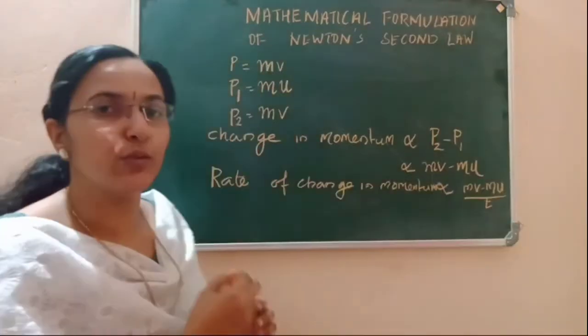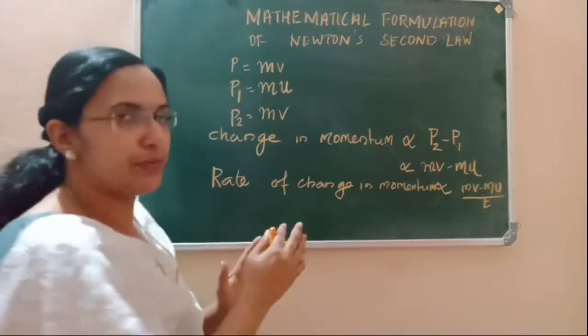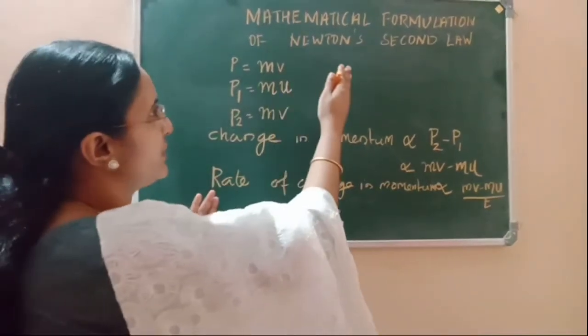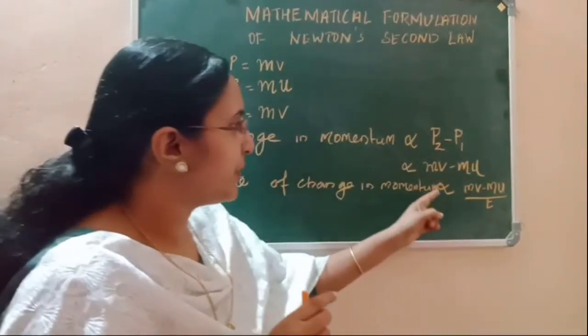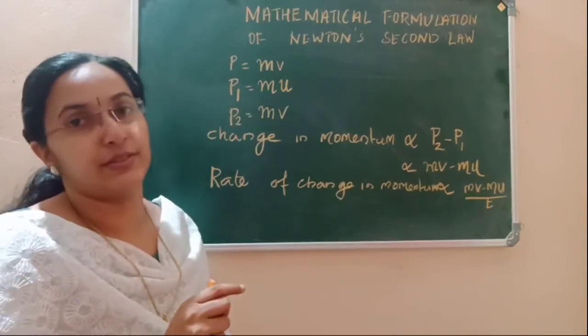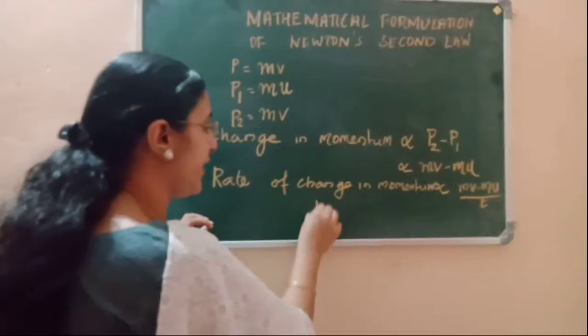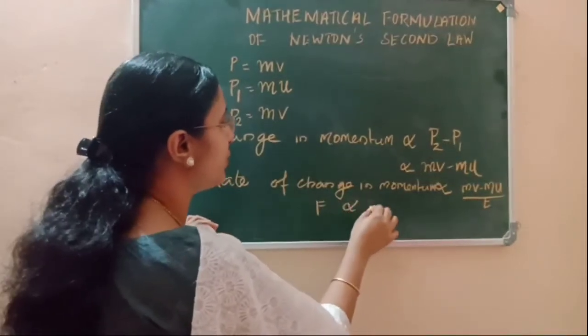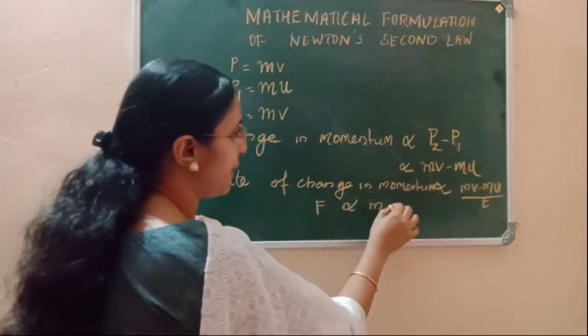That is, we are including another physical quantity, time. From the mathematical formulation of Newton's second law, the rate of change of momentum is proportional to the unbalanced force F. So instead, we can write F is proportional to mv minus mu by t.